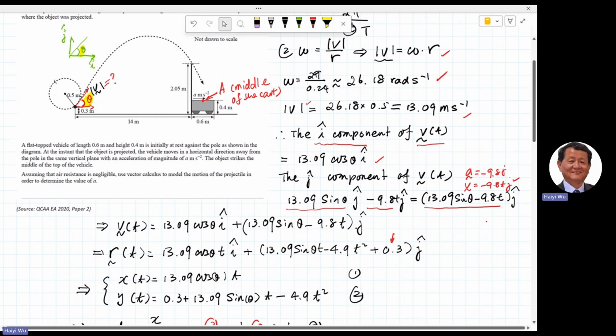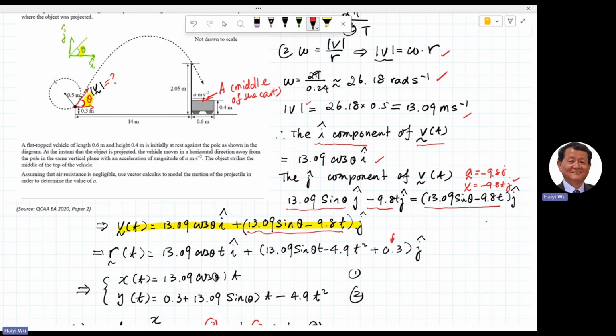Therefore my total vector velocity function has two components. We've got an i component, 13.09 cosine theta. The y component is a bit longer, so we need to consider that.